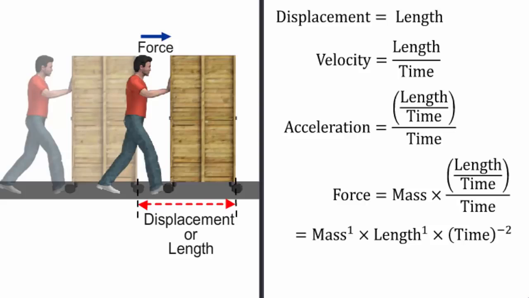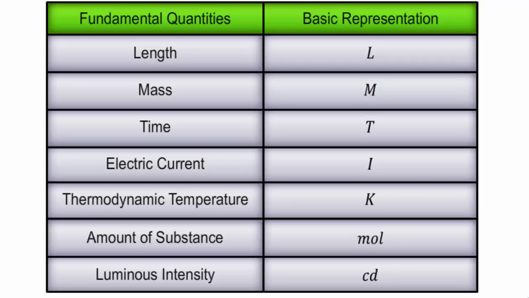For mass, we use M. Length is denoted by L and time by T. The other four base quantities are represented by symbols of their SI units, namely electric current by I, thermodynamic temperature by K, amount of substance by mol, and luminous intensity by cd.